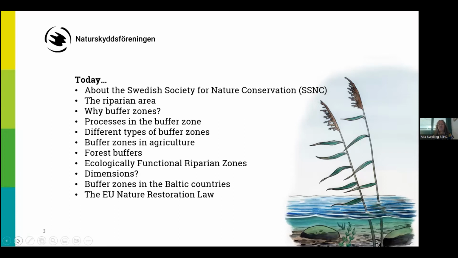And I will talk a bit about dimensions, how broad do we need the buffer zones to be? And I will finish by saying a few words about buffer zones in the Baltic countries, and also a few words about the new European Nature Restoration Law. So let's start.